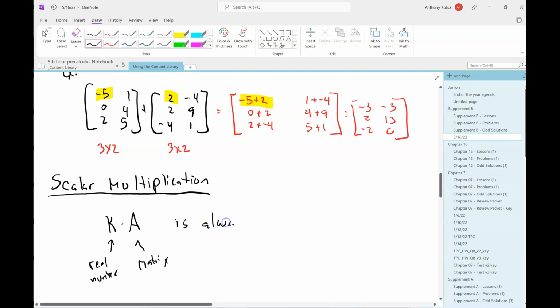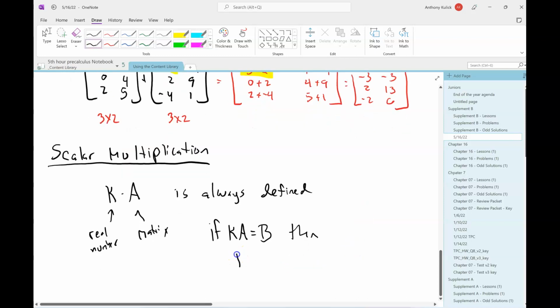And we can always do scalar multiplication. So scalar multiplication is always defined. That's great. And if we say K times A is equal to B, then Bij is going to equal K times Aij.